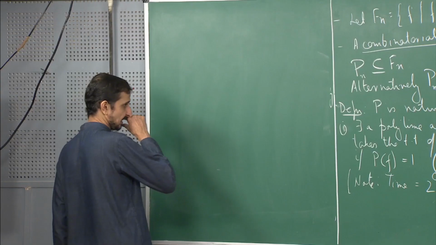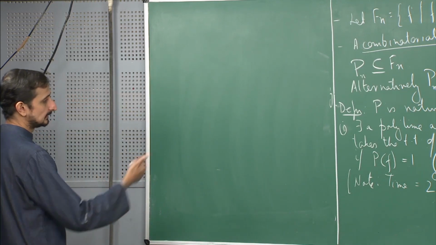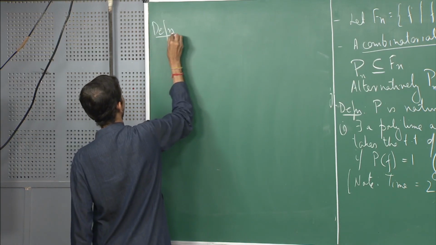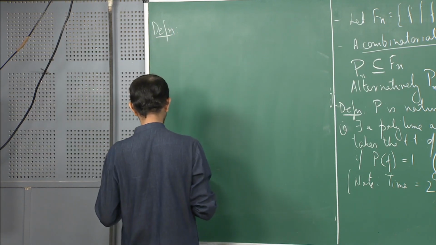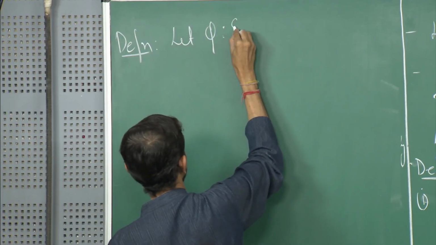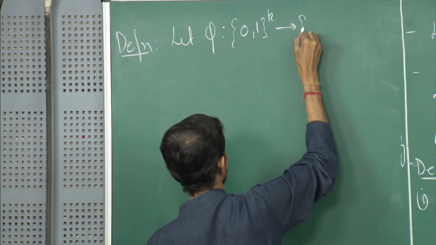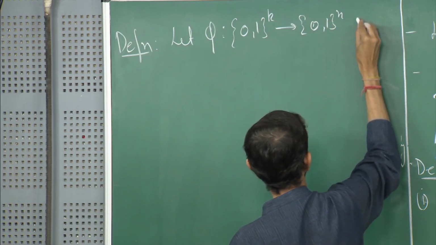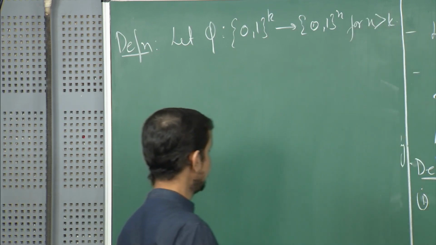So now let's come to the definition of pseudo random generator and what we mean by the hardness parameter. Let phi be a function from {0,1}^k to {0,1}^n, for n greater than k.